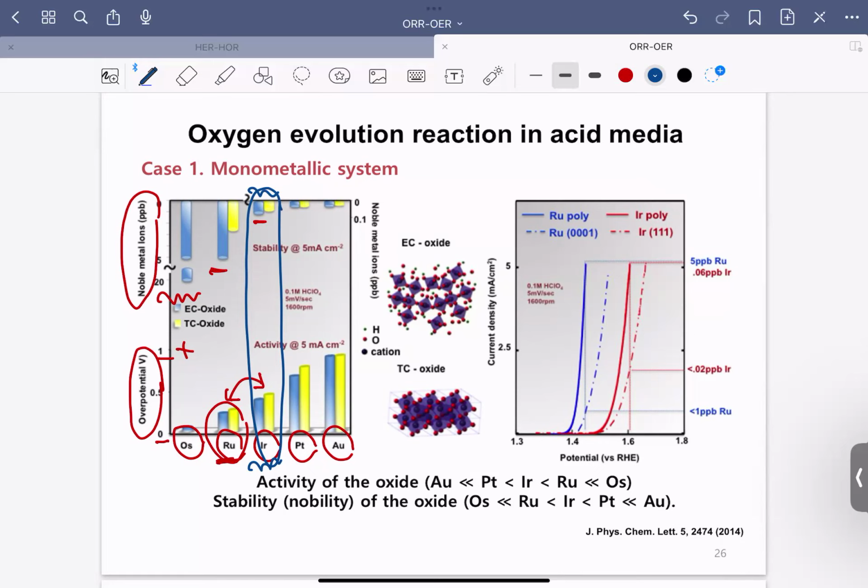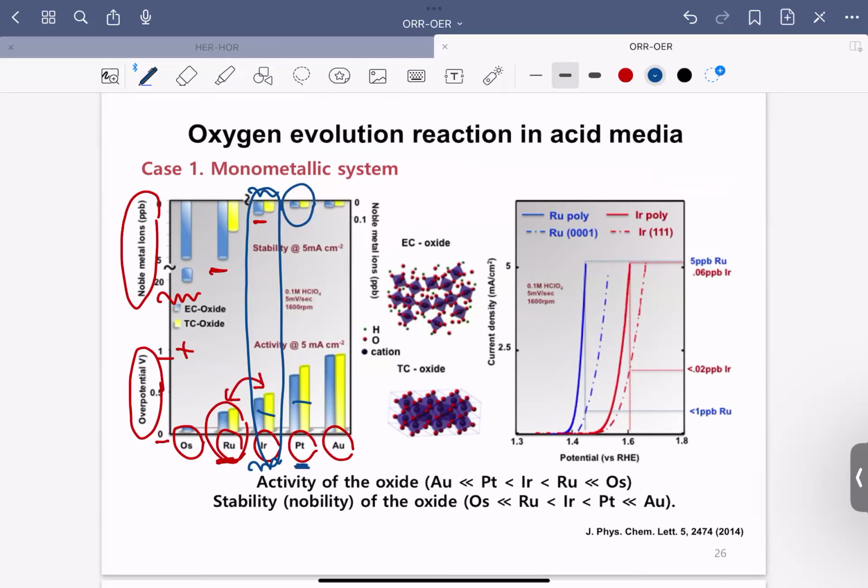What about the platinum? Platinum shows much less activity compared to iridium, and even though it is relatively stable during the reaction condition, it is not a good idea to utilize the platinum because the activity is really low compared to the iridium system. That's the reason why iridium is good.